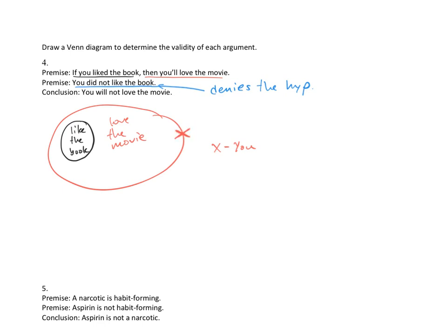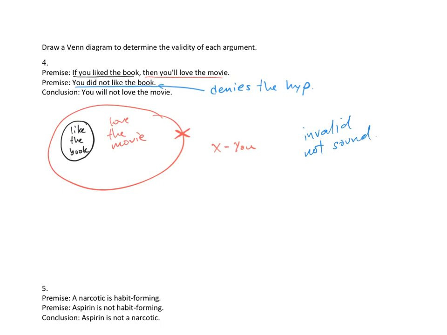So the conclusion ends up being, you will not love this movie. Well, we don't know. I just got done saying we don't know if we will love the movie. You could be in this bubble or you could be out of this bubble. We have no idea. So since we cannot clearly mark this x either completely inside a bubble, or outside of all the bubbles, we say that this is an invalid argument, and automatically it is not sound.